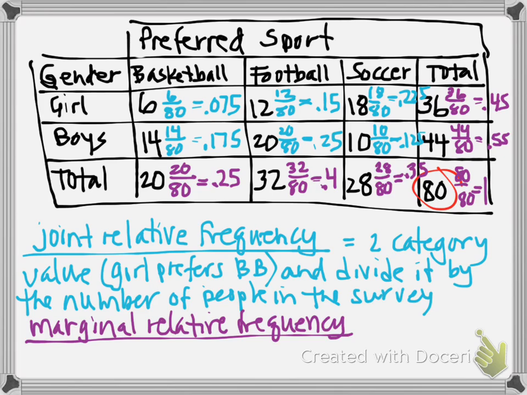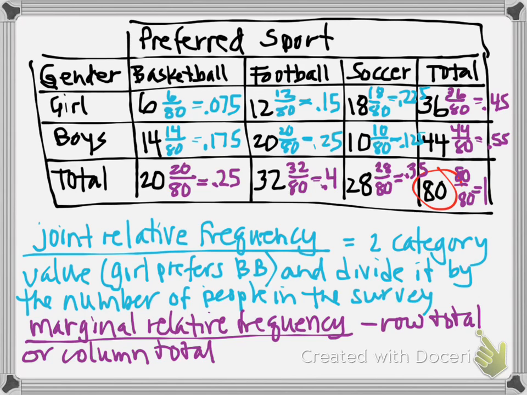So let's put into words, what is marginal relative frequency? So we take a row total or column total, and that would be things like the number of people who preferred basketball, the number of people who preferred football.